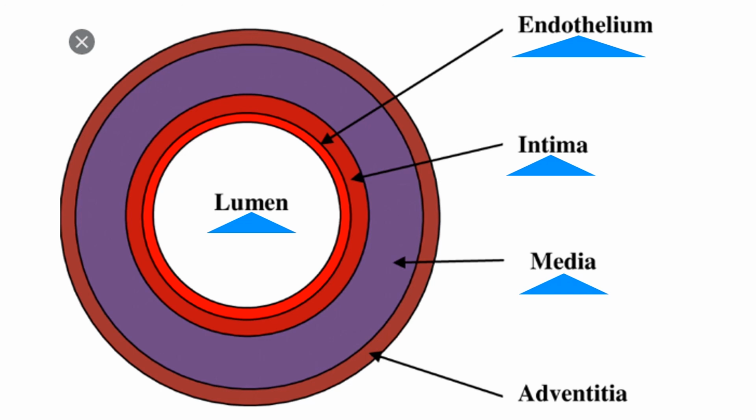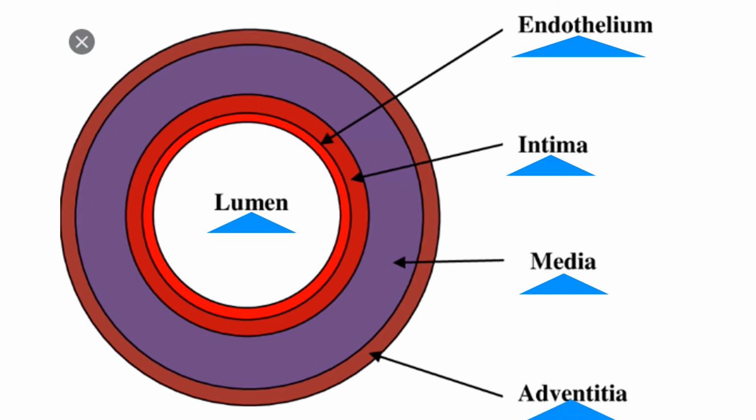Next, and outer to the tunica intima, is tunica media. We can see that tunica media is the thickest layer, and what is it made of? It can be made of connective tissue or muscle, and can be a combination of these two.